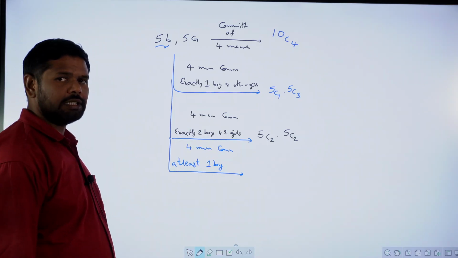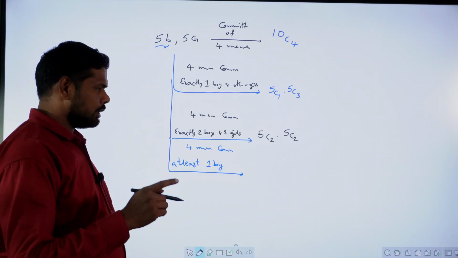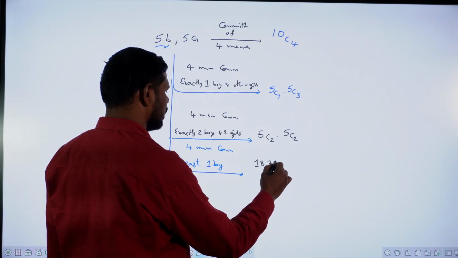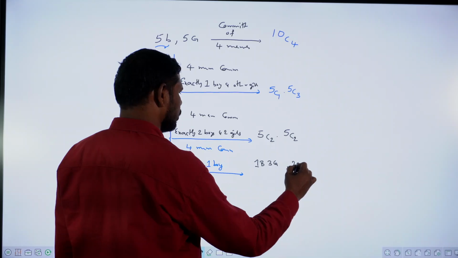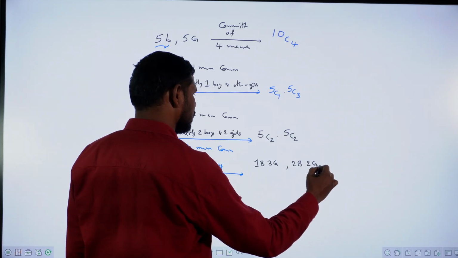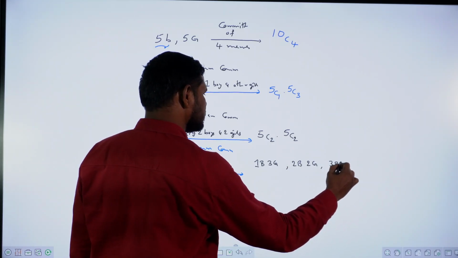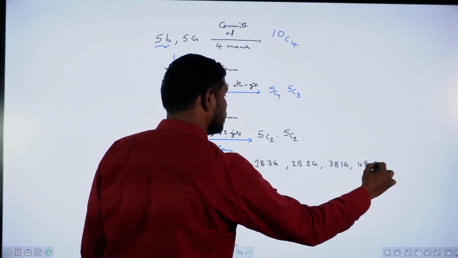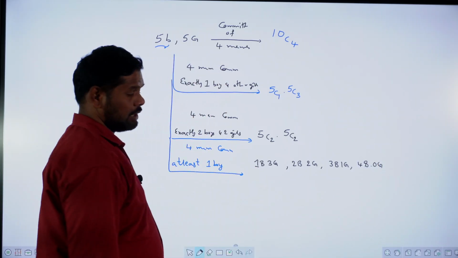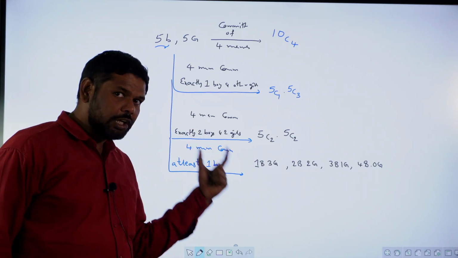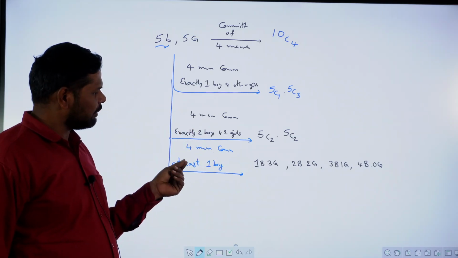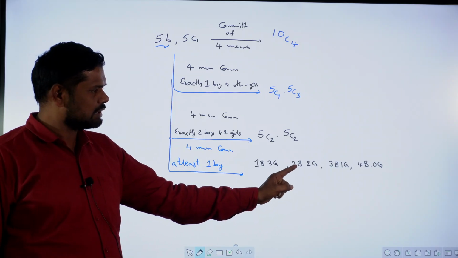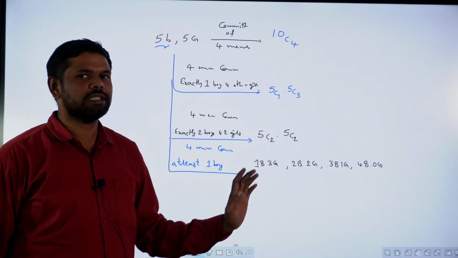At least 1 boy means 1 boy and 3 girls, or 2 boys and 2 girls, or 3 boys and 1 girl, or 4 boys and 0 girls. These are the different possibilities. You need to analyze like that. At least 1 boy means all these possibilities are there.